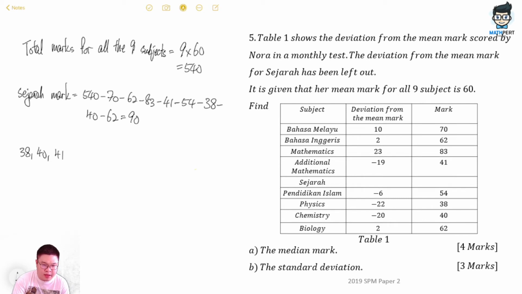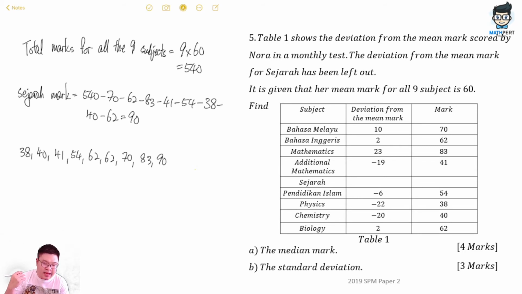After 41 will be 54. After 54, I have 62 and 62, BI and Biology. After 62 will be 70. After 70 will be 83. And the last one, Sejarah, is 90. So 1, 2, 3, 4, 5, 6, 7, 8, 9. Yes, we have 9 numbers here.